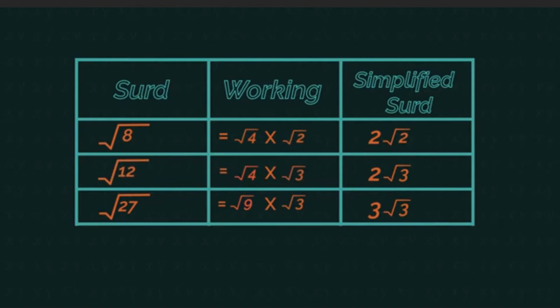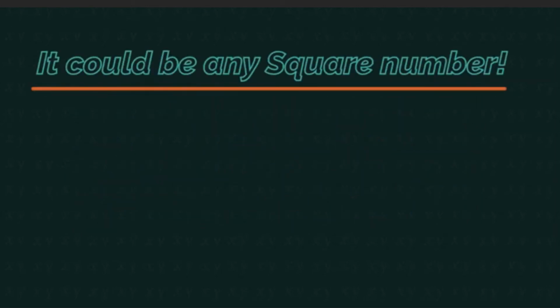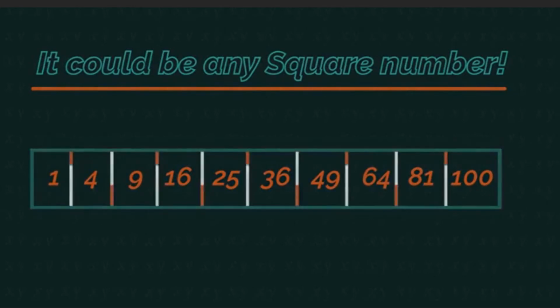In this one, root 9 is the square number, multiplied by 3 makes 27. It could be any square number: 16, 25, 36, 49. Make sure you know your square numbers.